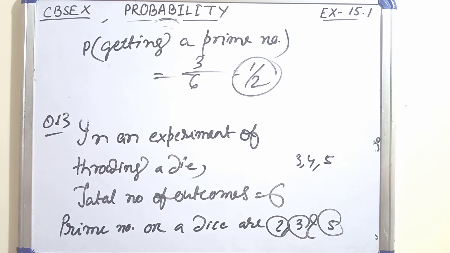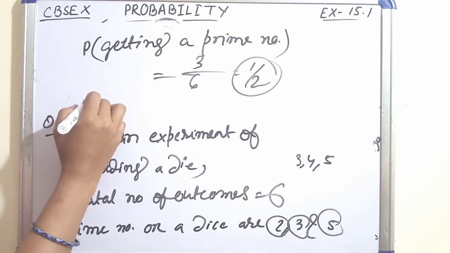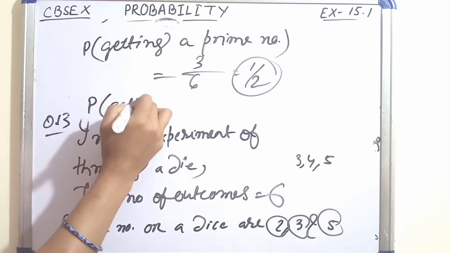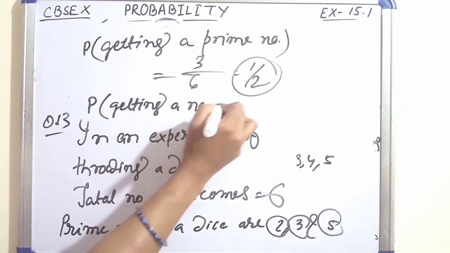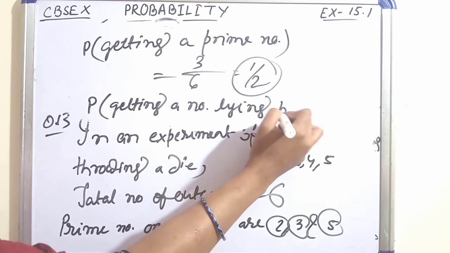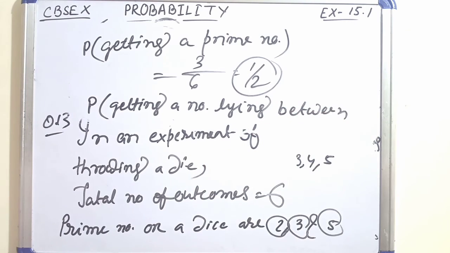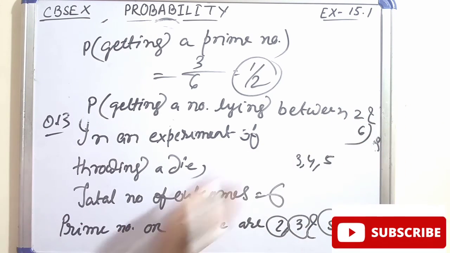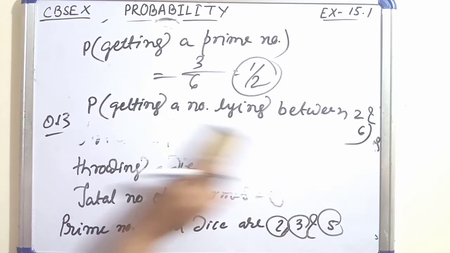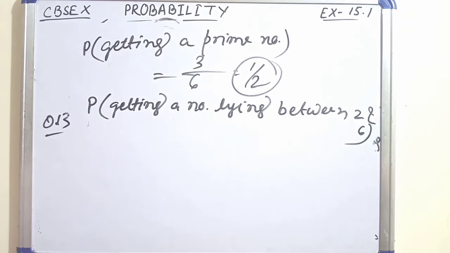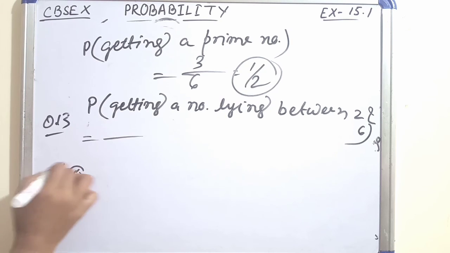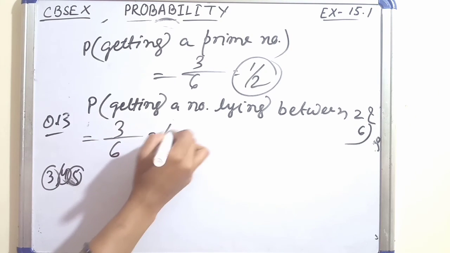So probability of getting a number lying between 2 and 6 is equal to number of favorable outcomes, that means 3, 4 and 5, so 3 upon 6.